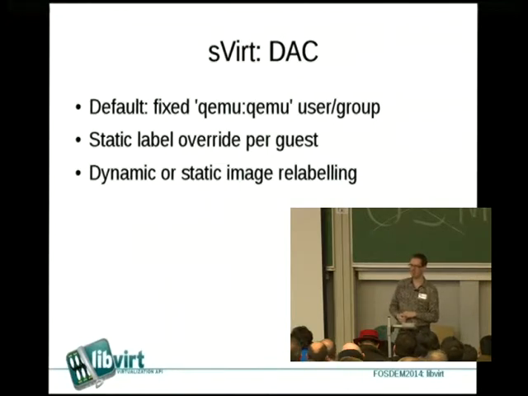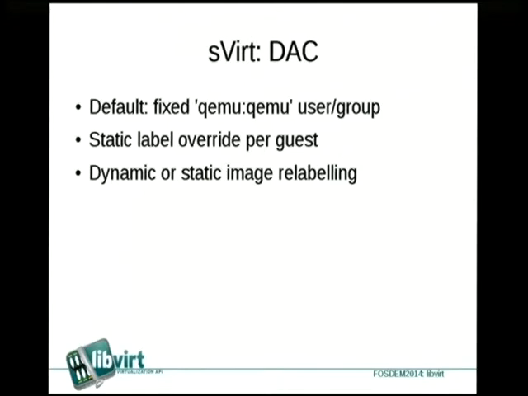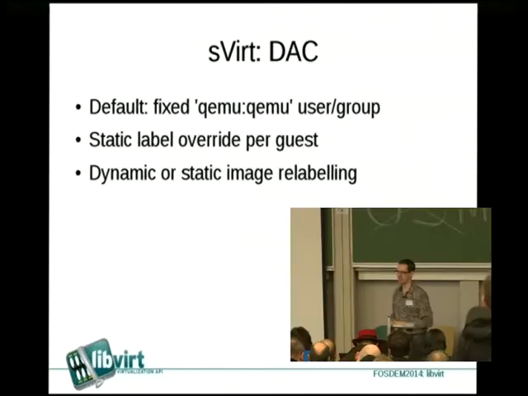So you can rely on traditional Unix permissioning to separate your QEMU processes securely. Currently you have to assign those user IDs per guest statically, but Libvirt will take care of dynamically setting the ownership of the disk images to match whatever user ID your guest runs under.